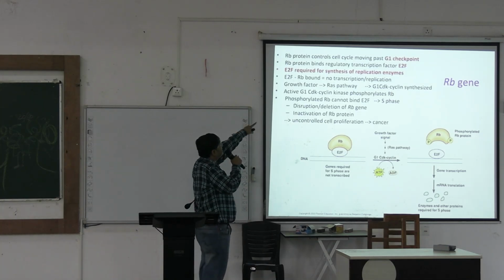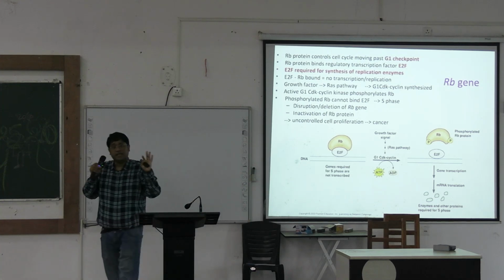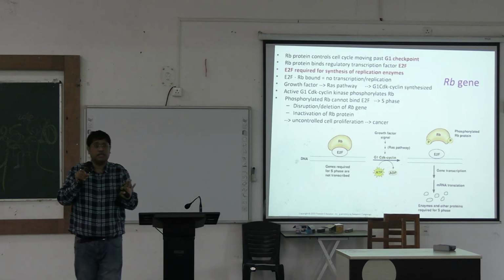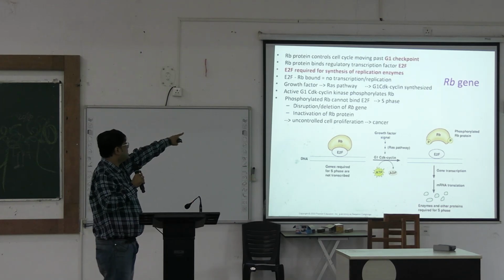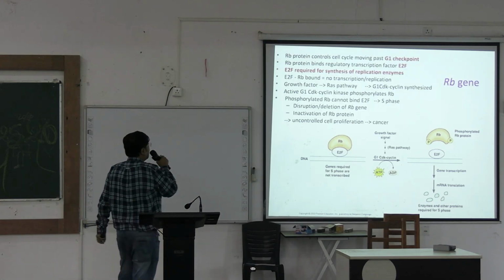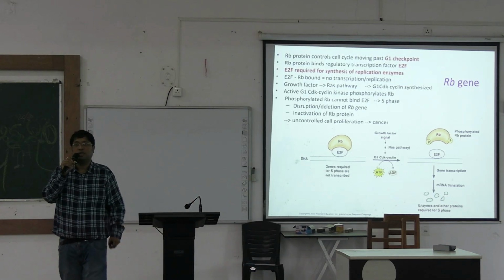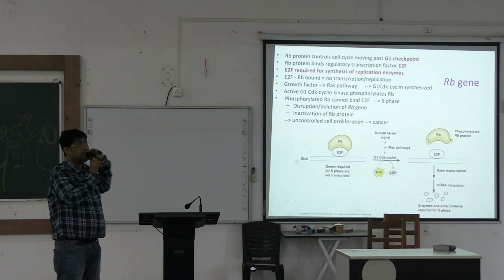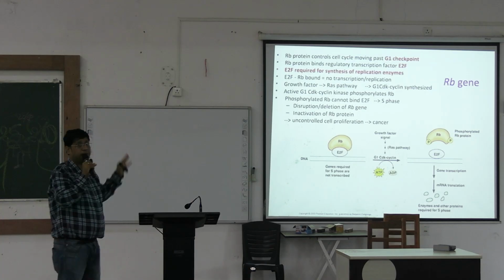So active G1 CDK cyclin kinase phosphorylates RB. Normally it is controlling it. But once it is phosphorylated, it becomes inactivated. Phosphorylated RB cannot bind to E2F. Very, very important. Please understand it. I have made the slides as simple to understand as possible because it is a very complex topic.